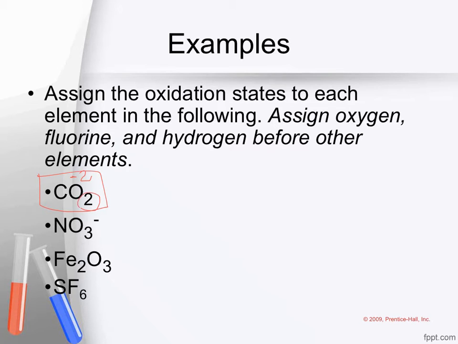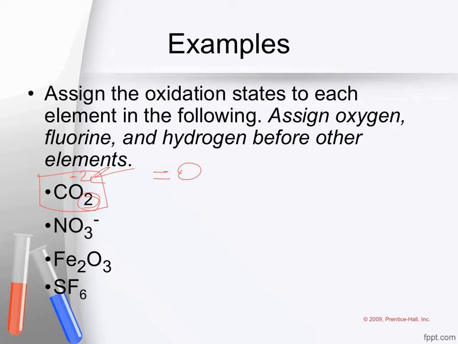if there's a subscript, if there's more than one of the element, it does not affect the oxidation number. This -2 stays. However, remember the rule that at the end you've got to add together all the oxidation numbers and they must equal 0? Because of that, we need to keep an addition tally going of the total oxidation number values.